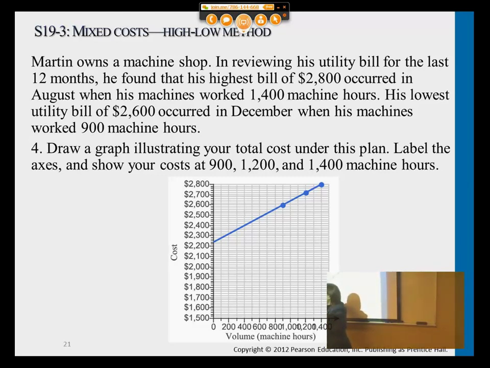No matter how much I produce, I have to pay this. Okay, so this is my fixed cost. Even if I produce a 0, it's still the same. Now further on, this graph is what? That's your mixed cost. This portion of the graph is your variable cost. Okay, so this is your variable, this is your fixed.